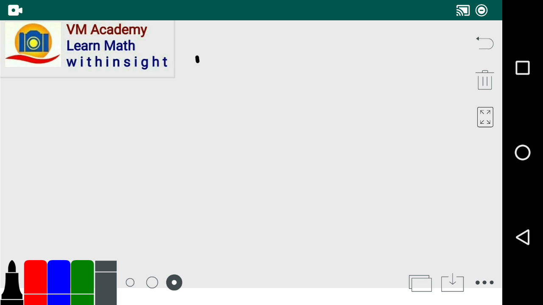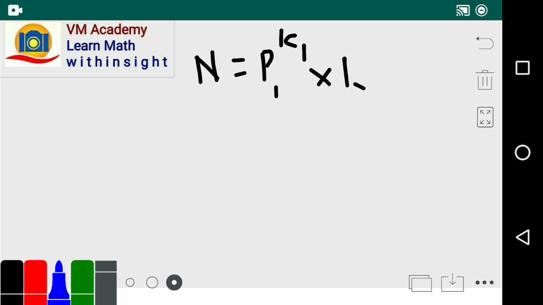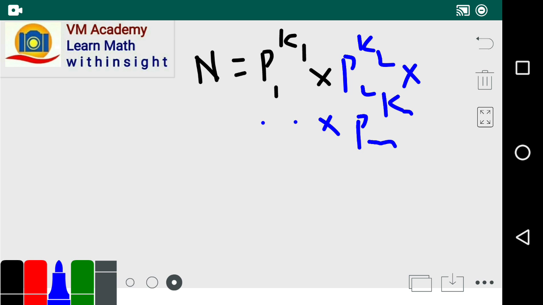Thus, n is p1 raised to k1 into p2 raised to k2, so on pm raised to km.